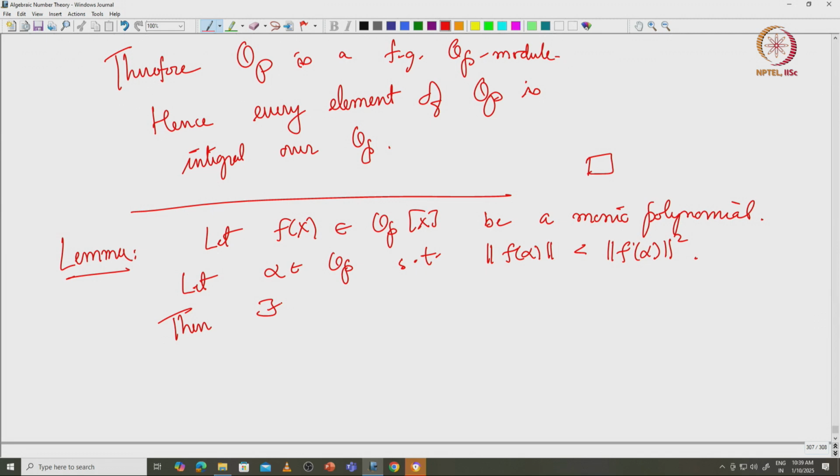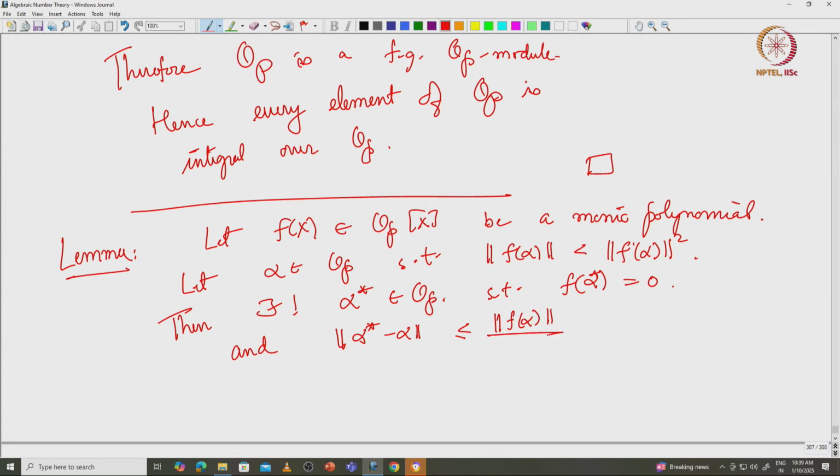Then there exists a unique alpha star in O_P such that f of alpha star equals 0, first of all, and the valuation of alpha star minus alpha is less than or equal to the valuation of f of alpha divided by the valuation of f prime of alpha, and this thing in turn is strictly less than the valuation of f of alpha.